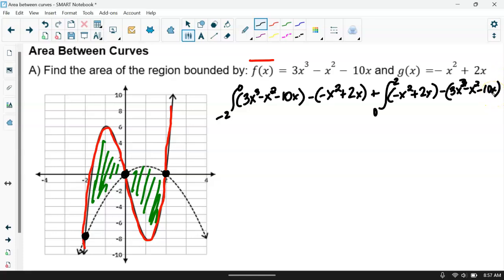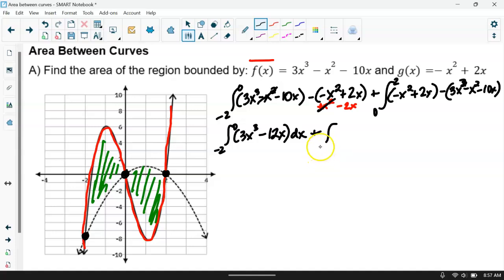So now let's simplify these two sections. Notice I've got the two negatives, so we're distributing; really this is plus x squared minus 2x. So here we're going to find the integral from -2 to 0 of 3x cubed. Now notice, -x squared plus x squared cancels out. -10x minus 2x is -12x. So that's the first one with respect to x.